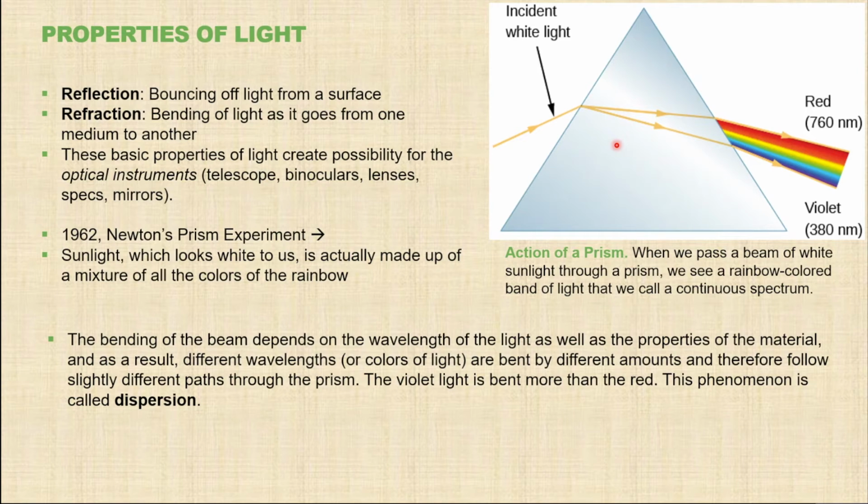If you stand between rain, moisture, water particles, and the sun, each water molecule acts like a prism and disperses the sunlight into rainbow colors, and we see that phenomenon as a rainbow.